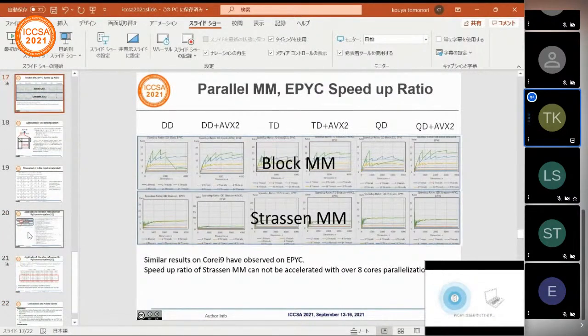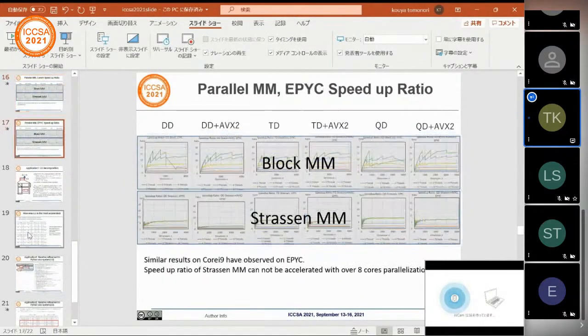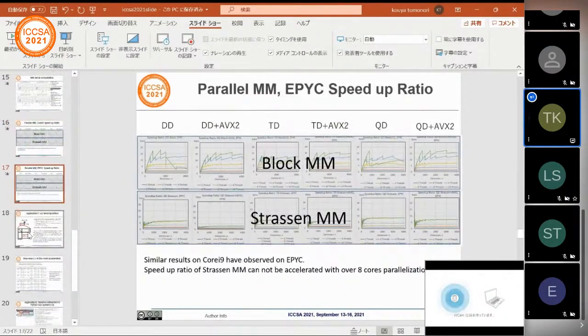I don't know the reason in detail, but I found that many threads can be run at one time in the Strassen matrix multiplication process. So that is a cause. I think that is caused by our barrier or parallelization. I think so. Thank you.